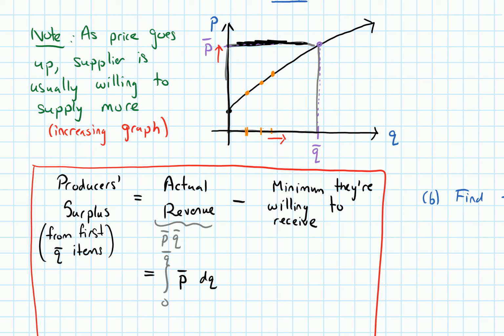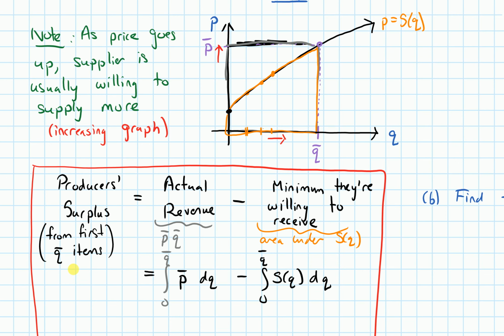The way I would measure that is by looking at the area under this supply curve. By the way, let's label the equation of that. This was P equals S of Q, my supply equation. So we need to subtract away the area under S of Q, which I'll express as an integral: the integral from 0 to Q bar of S of Q dQ.